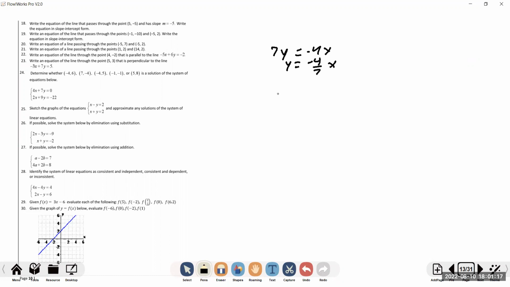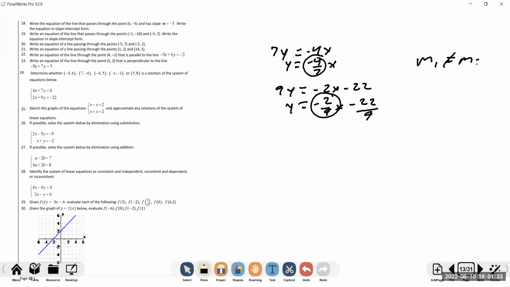That looks pretty different from 9y equals negative 2x minus 22, y equals negative 2/9 x minus 22 over 9, right? These are different numbers, so they're not the same slope. So I should have a situation where I have a single point of intersection. All right, so if I find one answer, it's the only answer, and I don't have to look for any other answers.